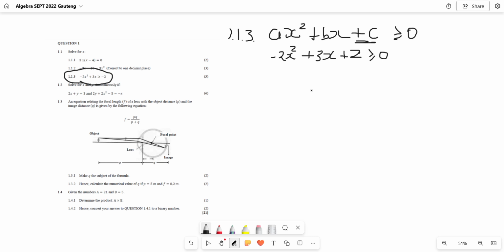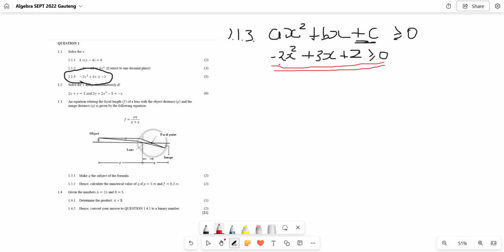Now, before you do anything to this quadratic inequality, you need to understand what solutions of x you are looking for here. We are looking for all values of x such that when we put them in the place of an x, we only get numbers that are 0 and numbers that are positive. I'll repeat my statement.